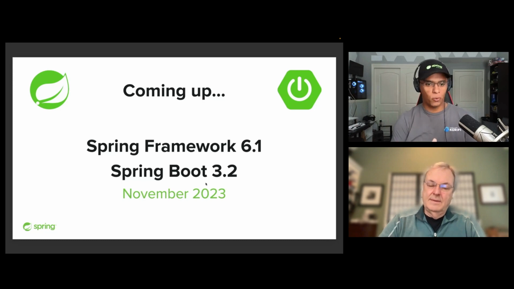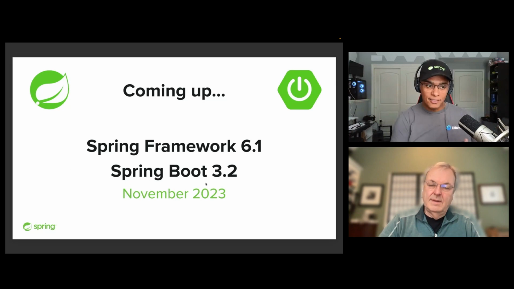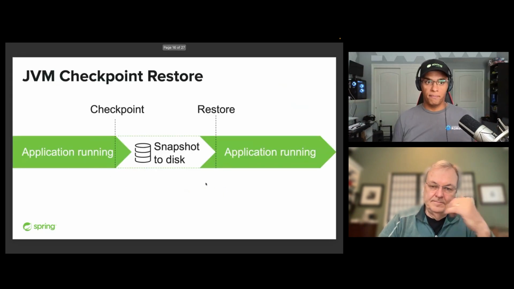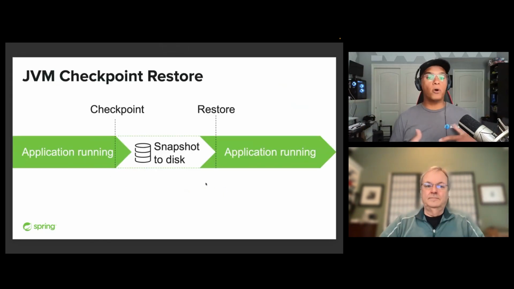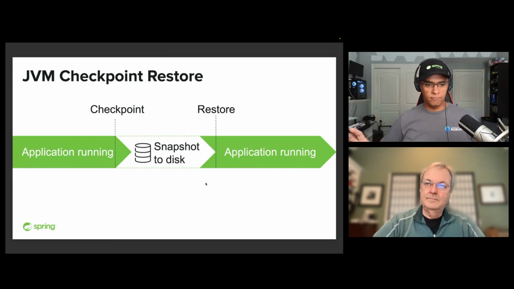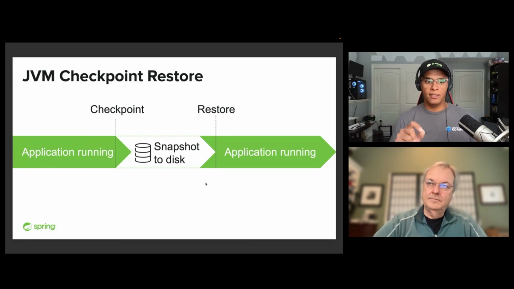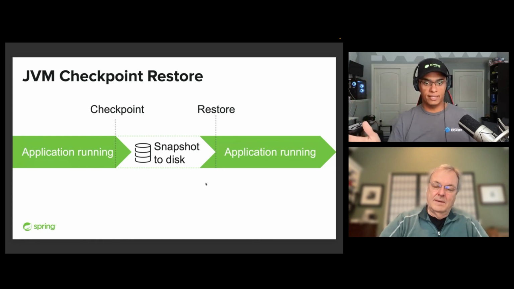I saw the coordinated restore at checkpoint, and man, I got excited because of fewer trade-offs. That's what they're doing. They're making it so I can still have all the benefits of the JVM. Again, my footprint's not one of those trade-offs. I'm not going to get the benefit of a smaller footprint by going down this path, but I can scale to 0 and I can scale up quickly and have all the benefits of the JVM.